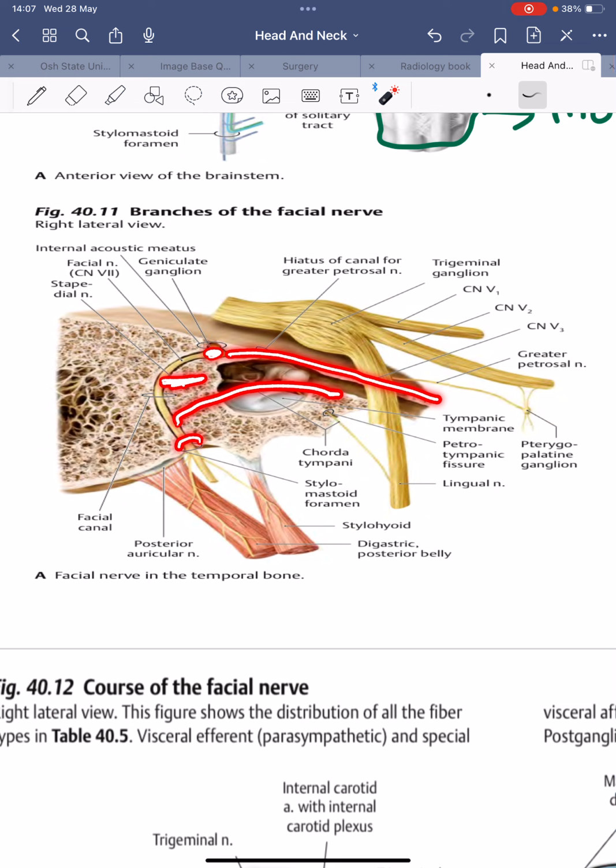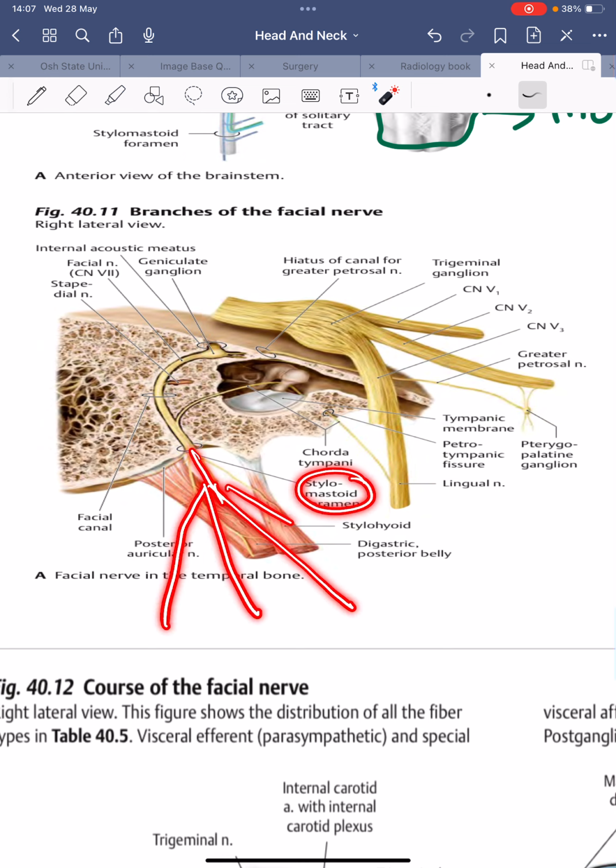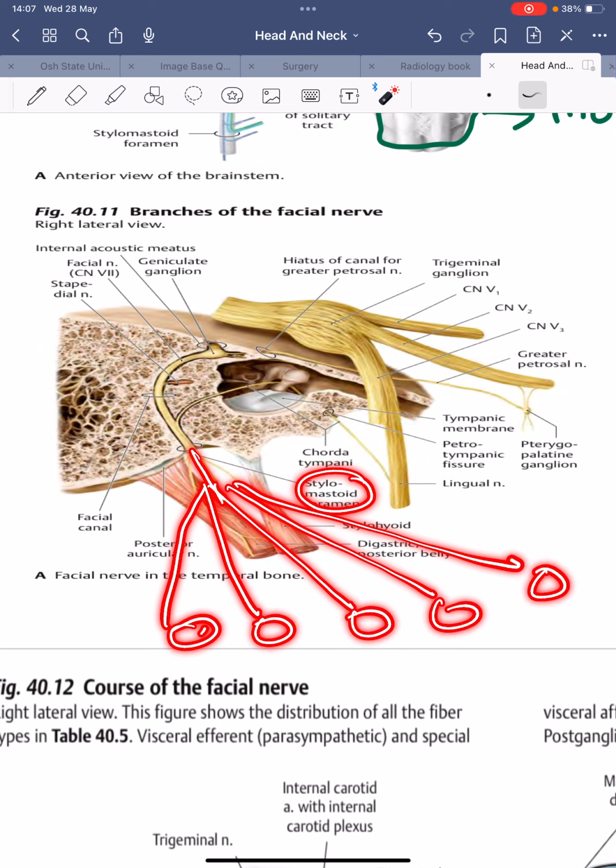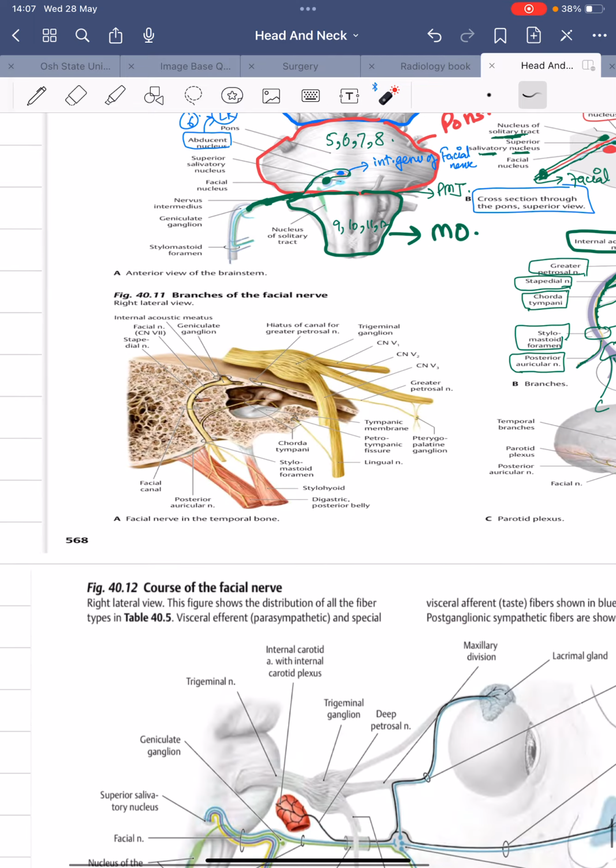Then it exits the temporal bone by this foramen, known as the stylomastoid foramen. And then it exits, giving 5 terminal branches: 1, 2, 3, 4, 5. So this is how you must understand the facial nerve.